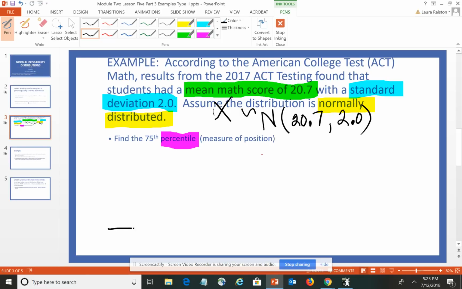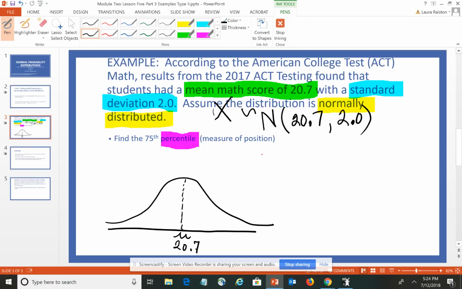We still want to draw a picture and get a sense of what's going on here. So I'm going to draw my horizontal axis, my bell-shaped distribution. The mean is in the middle, which is 20.7. A couple things you may want to remember is that the mean automatically divides your data set so that you have 50% below the mean and 50% above the mean.